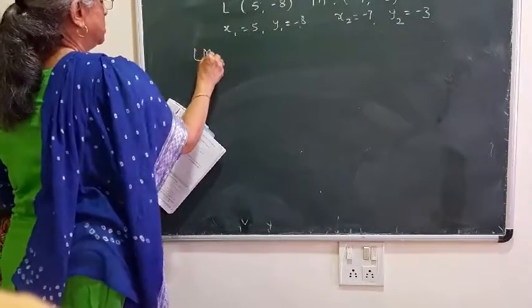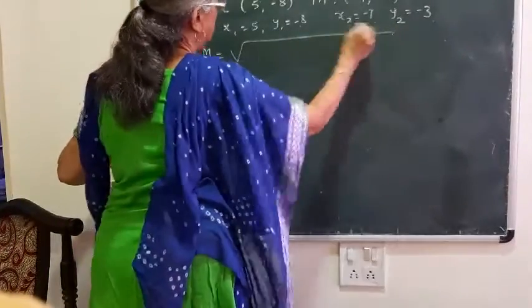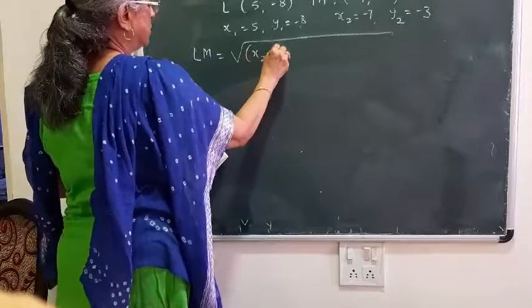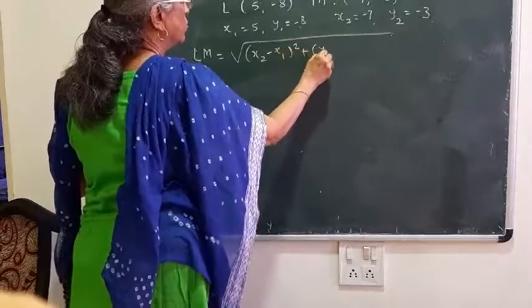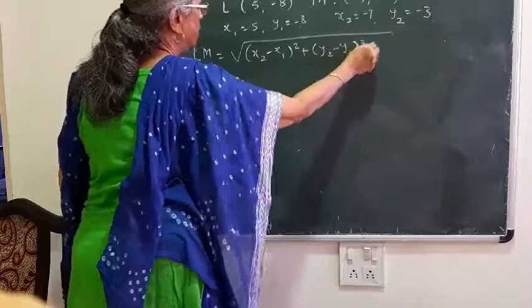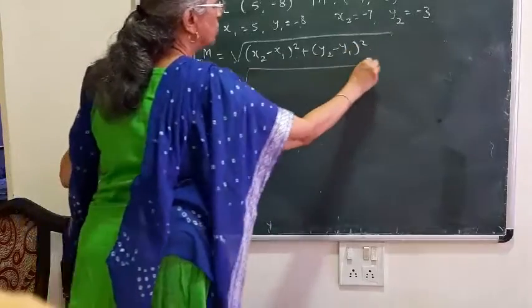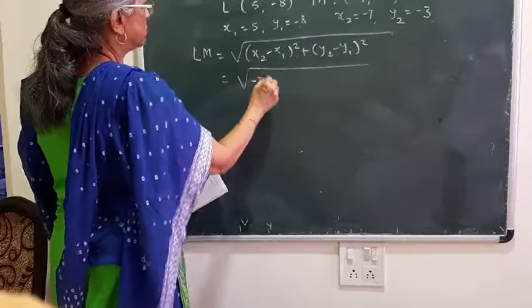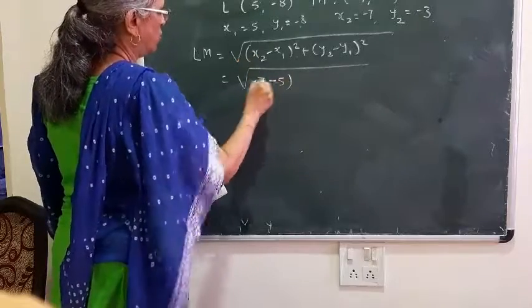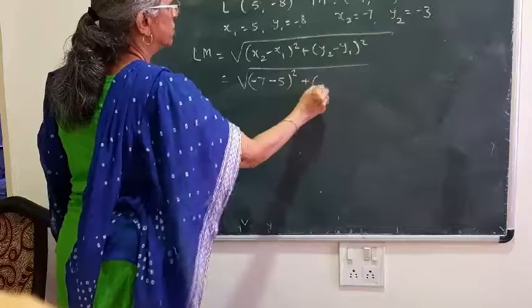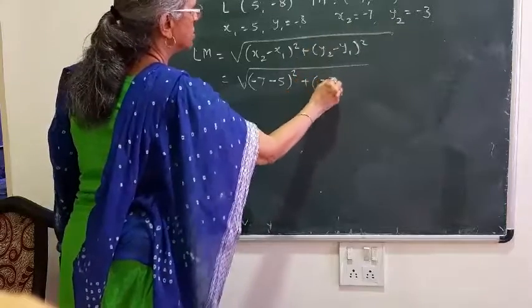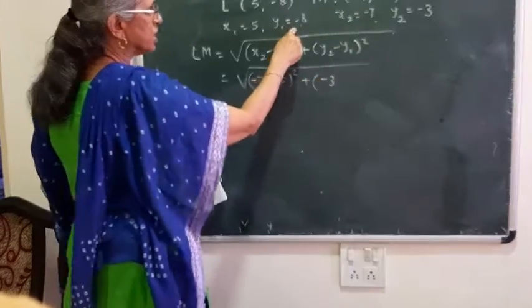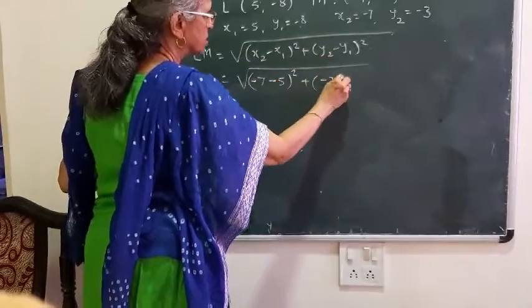So LM is equal to root of (x2 minus x1) bracket square plus (y2 minus y1) bracket square. That is equal to x2 is minus 7, x1 is 5, plus y2 is minus 3, y1 is minus 8. So minus minus will become plus.